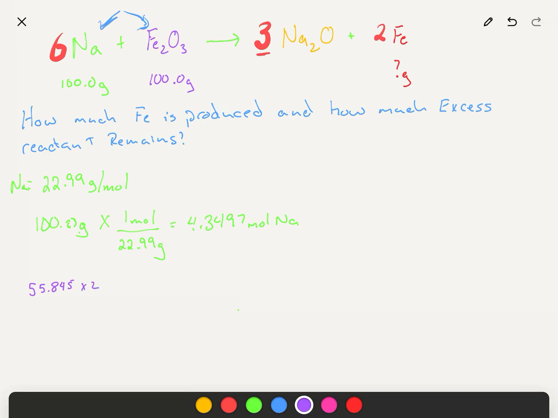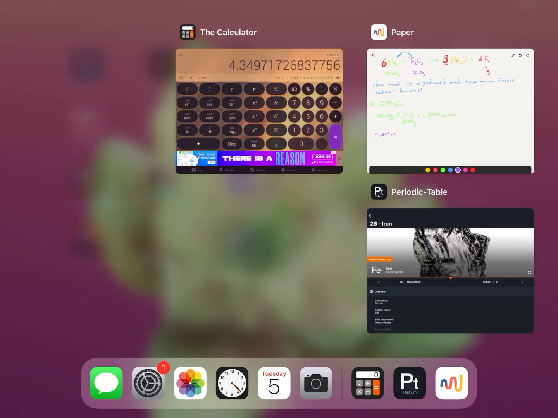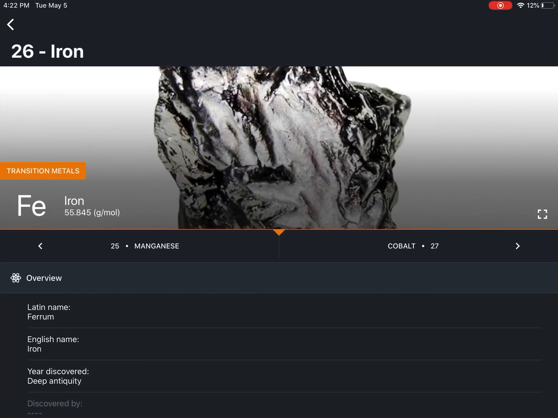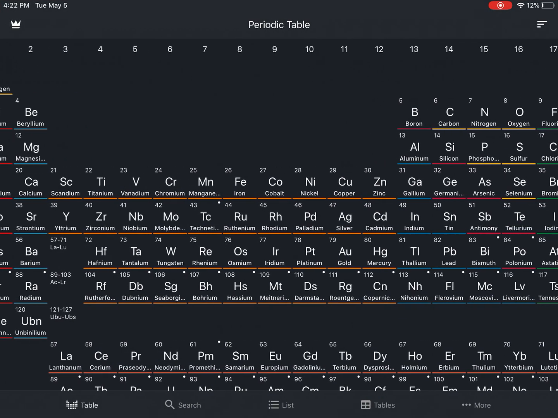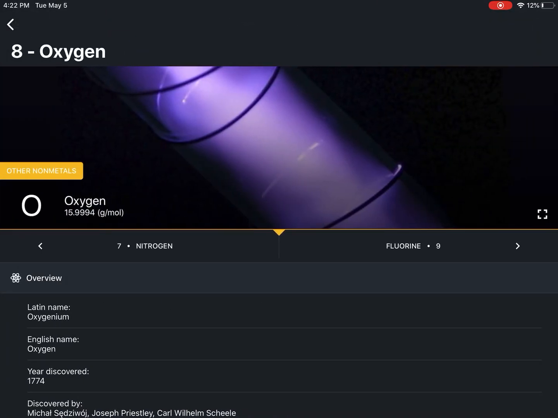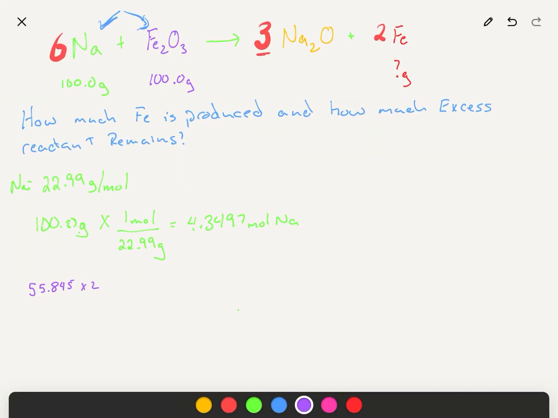And then we also need to look up oxygen, which is 15.9994, and we have 3 of those. So that will give us our molar mass of Fe2O3.